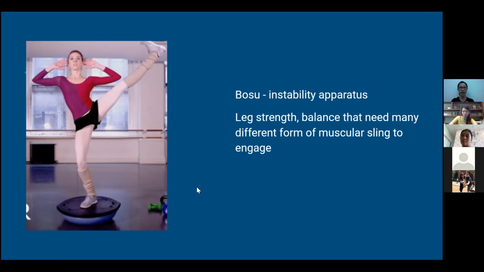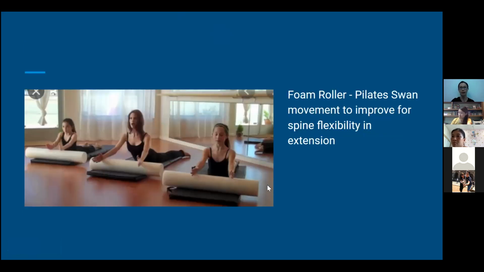So for all of these movements, you will have a risk of injury if you're not doing them properly and focused. It balances the need of many forms of muscular sling, front and back muscles, leg muscles, all travelling up. So Bosu is one of the things. I think you can actually buy it from Decathlon. And the next one, foam roller.